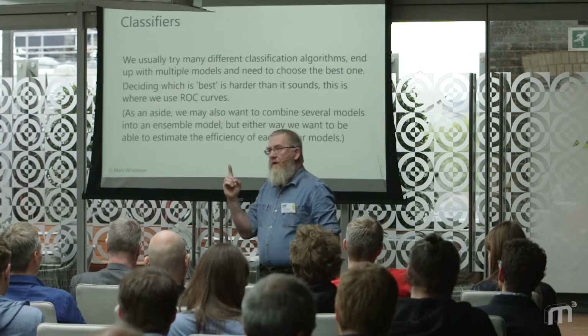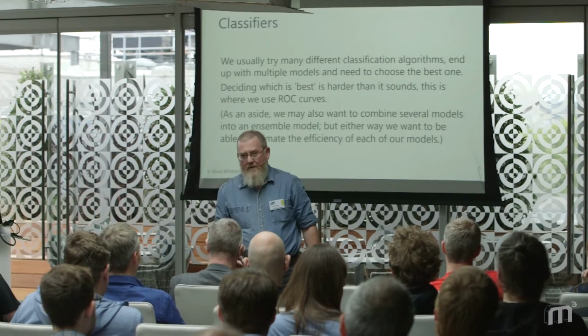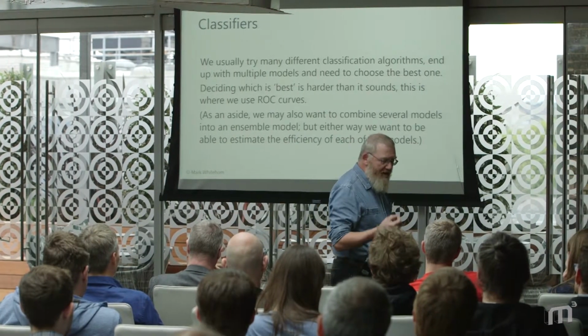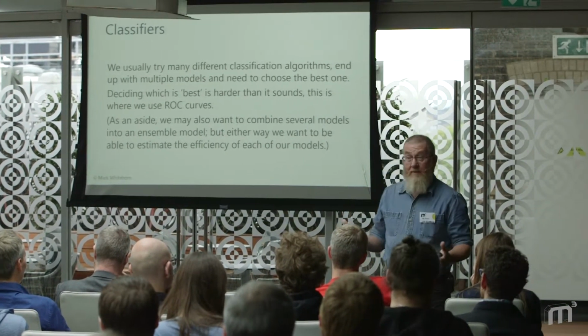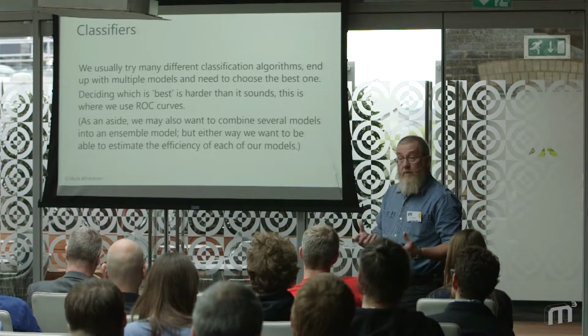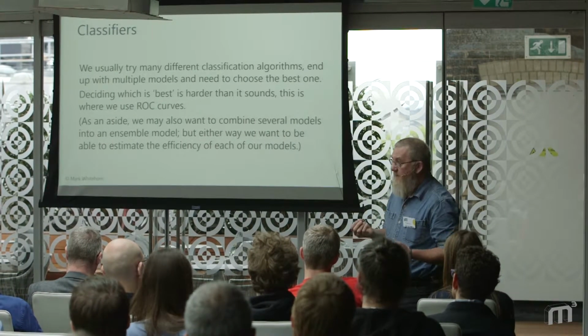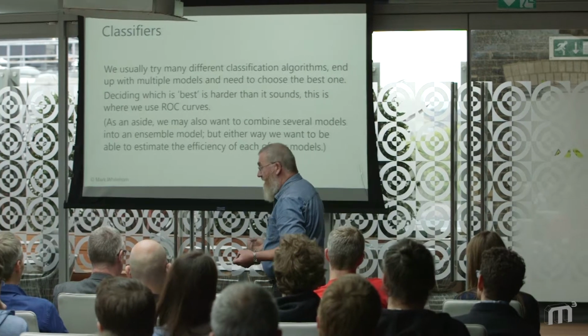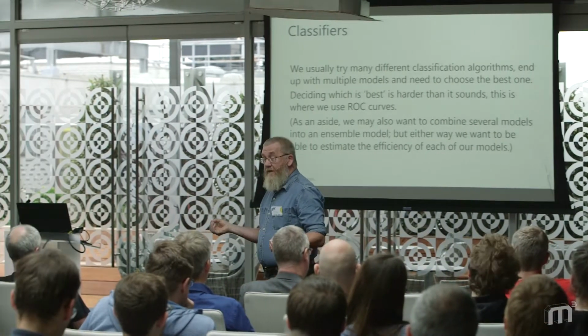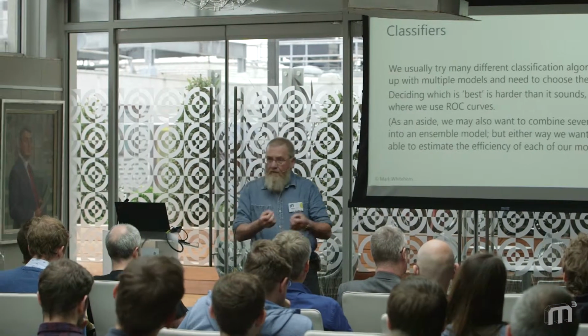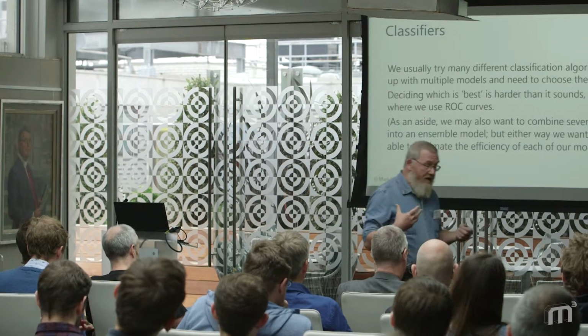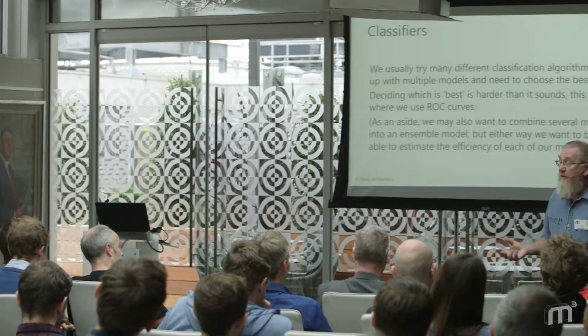So we don't end up with one data model, we end up with many data models. So one of the things you have to do then is say, well, okay, which is the best data model? And that's what we're talking about with ROC curves. They are a way of assessing different data models using this testing data that we've still kept back to see how efficient the models are that we've created.